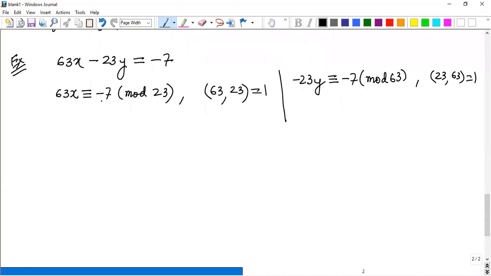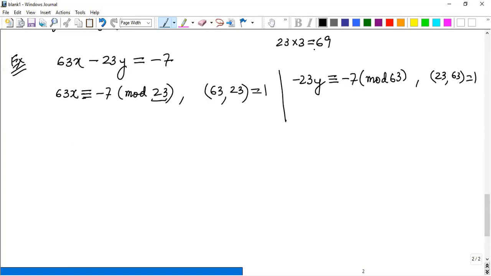63x congruent to -7 modulo 23. We know that this linear congruence is solvable, and we are looking for the solution in the modulo 23 congruence class. So 63x is congruent to -7 modulo 23. Now 23 multiplied by 3 is 69.